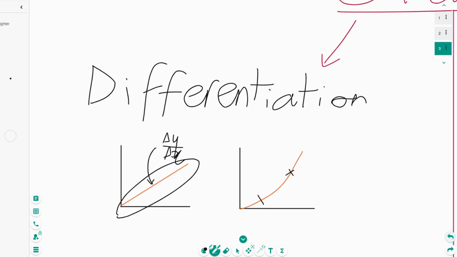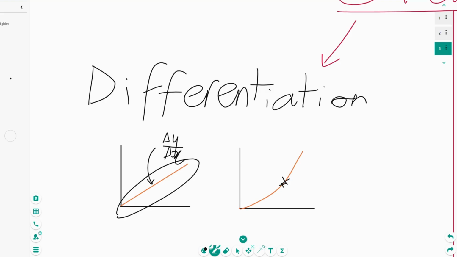So we would use differentiation to try and find the gradient at a certain point of a curve where delta x and delta y are extremely small. So let's say this point and this point.